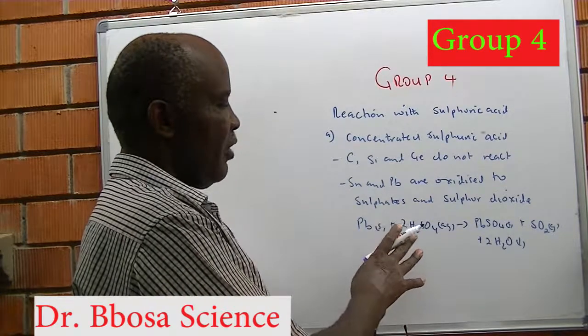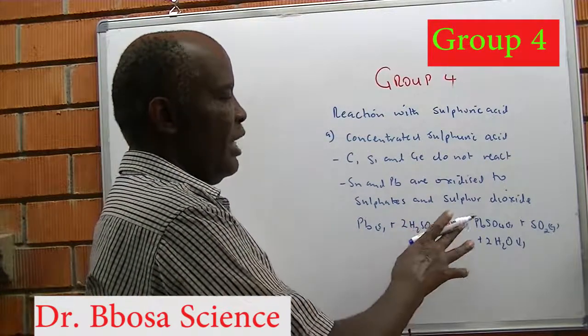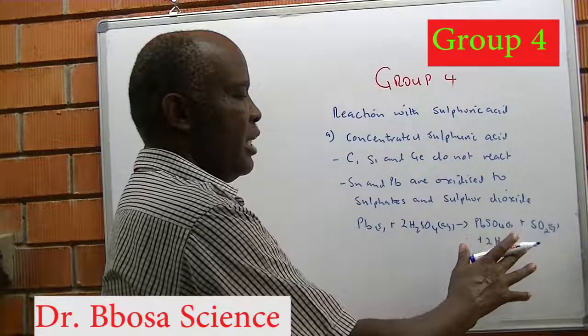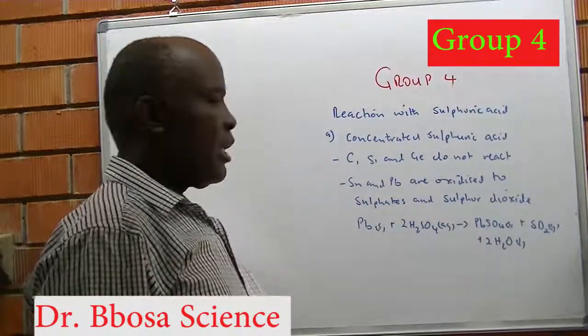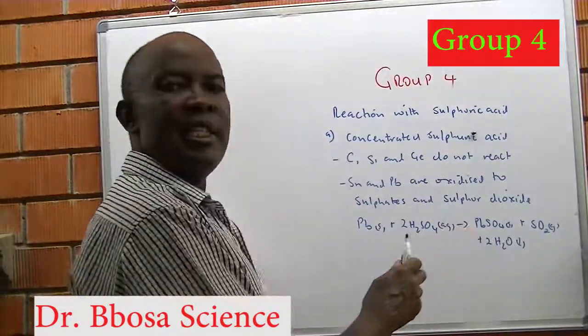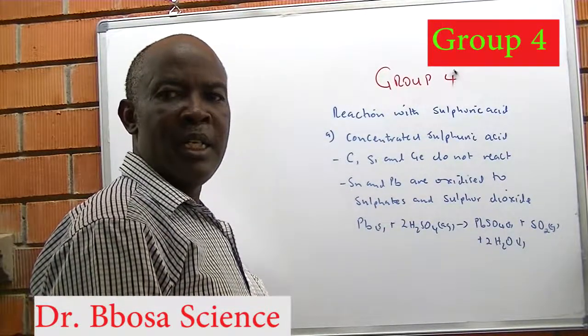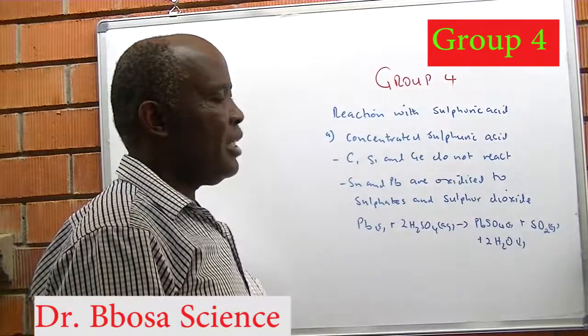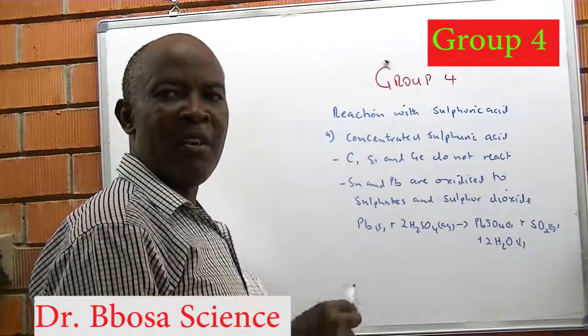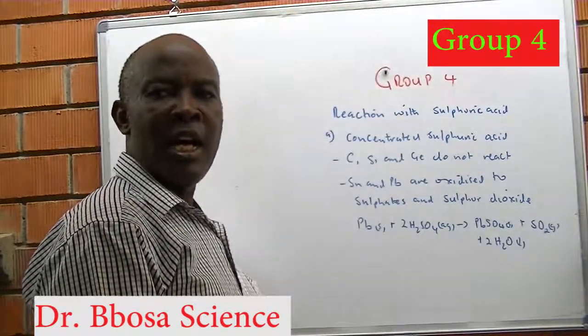Lead plus sulfuric acid will give lead sulfate, sulfur dioxide, and water. The formation of insoluble lead sulfate will stop the reaction or will limit the reaction. The reaction may occur for just a few seconds and stop.